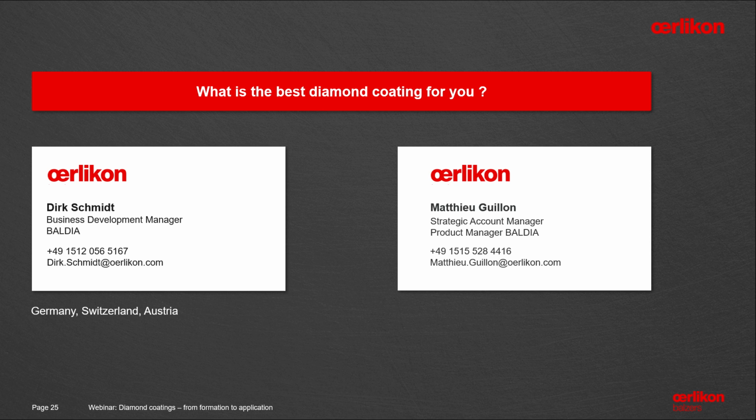In Europe, we have 2 colleagues, Dirk and Pierre, available for you anytime to really discuss based on the application and what the purpose is at the end user level, in order to choose along the options and characteristics that we have discussed before.